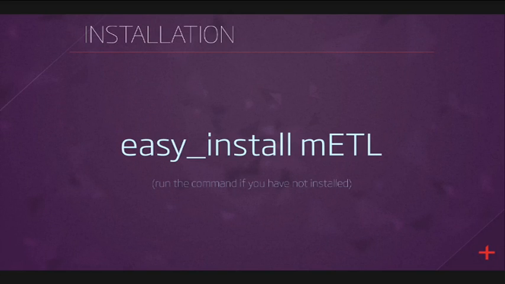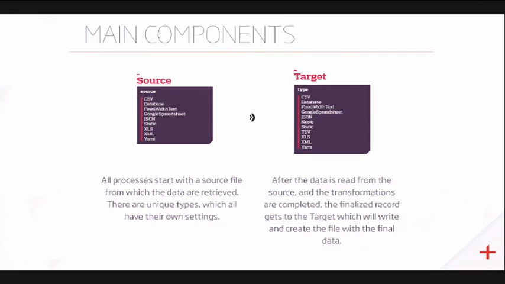Okay. So if you install this application, let's talk about the basics: which components this program actually contains. We have 2 main components. The first is the source, and the second is the target. You can imagine the source as the data you want to retrieve. It could be an Excel file, a CSV file, a database, a JSON, or almost anything.